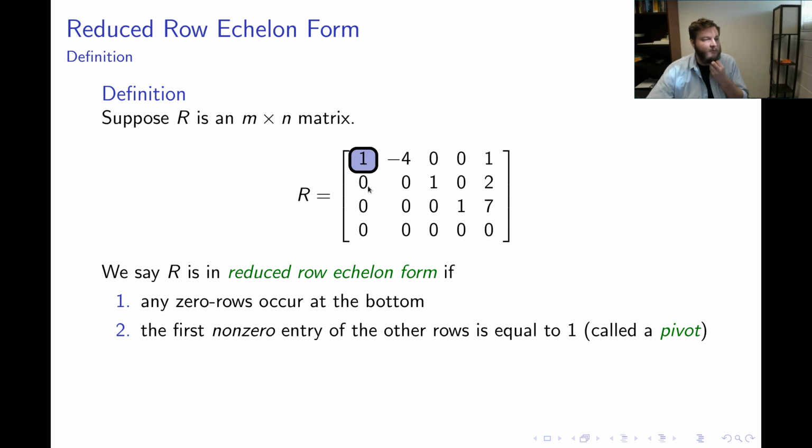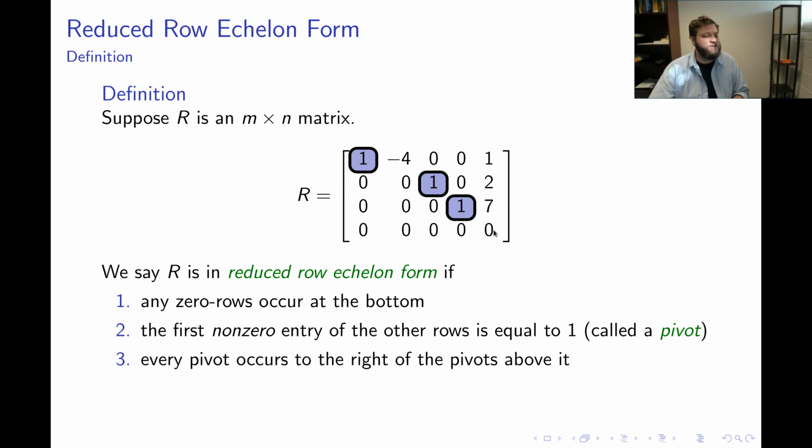If I go to the second row, note that it starts with 2 zeros, which is fine. But then the next entry is our first non-zero number here. It's equal to 1, so that is our second pivot. In the third row, it starts with 3 zeros. That's totally fine. But the next entry is not 0, it's equal to 1, so that's called our third pivot here. Again, the last row is all zeros, so there won't be a pivot in that last row.